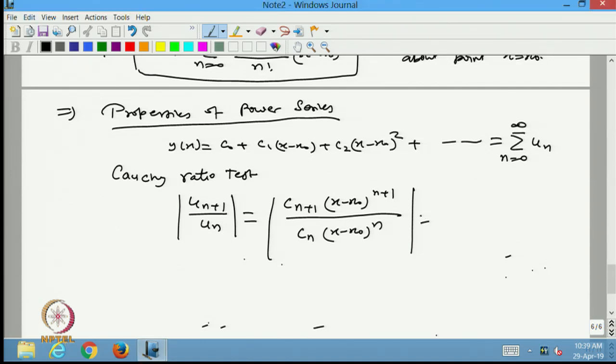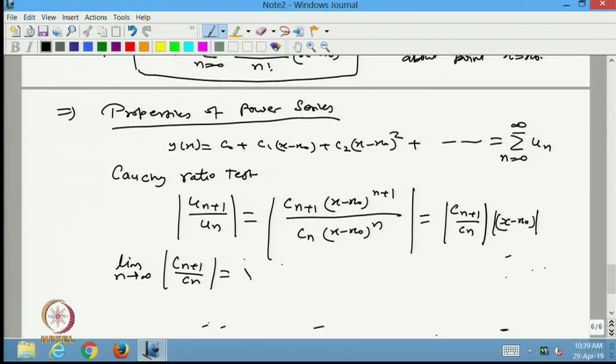So, that will become C n plus 1 over C n, the ratio of the coefficients, times modulus of x minus x naught to the power 1. Now we assume that the limit as n tends to infinity of C n plus 1 over C n becomes lambda. So, this is a convergent series of coefficients and its value is equal to lambda.